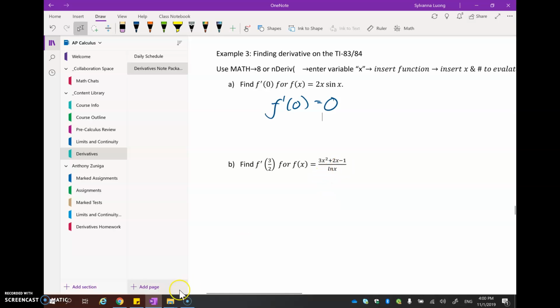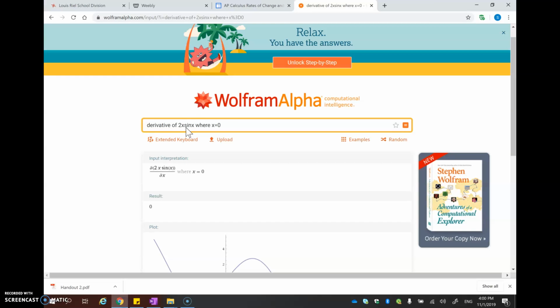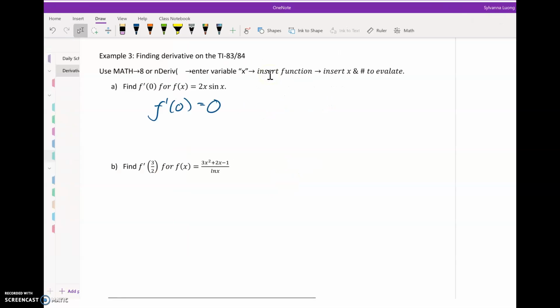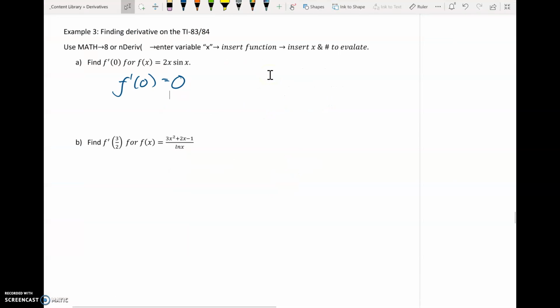Now we can do the next one into our Wolfram Alpha, or again, if you want to use your TI-84 or 83, you can do that as well. And I also have the listing here of what to do with your TI-83 or 84. So if you have one of those, you're going to press math and then 8, or you can scroll down until you see this nDeriv.